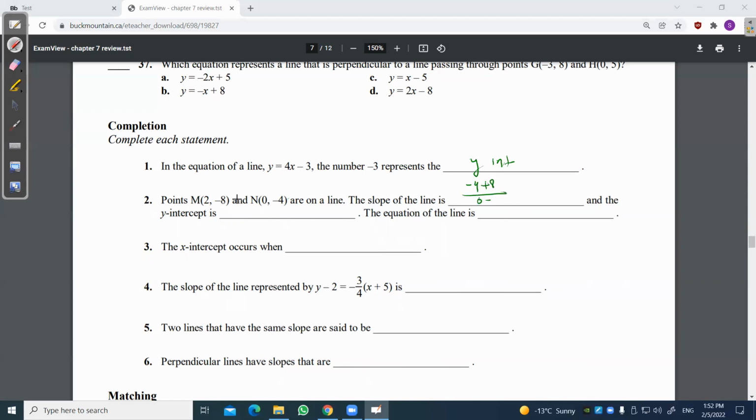So -4 minus -8 becomes -4 plus 8. 4 over -2, the slope is -2. The y-intercept is given. What's the y-intercept? Look at this point. -4. Yes, so the equation is y equals -2x minus 4. Okay. 3, the x-intercept occurs when?